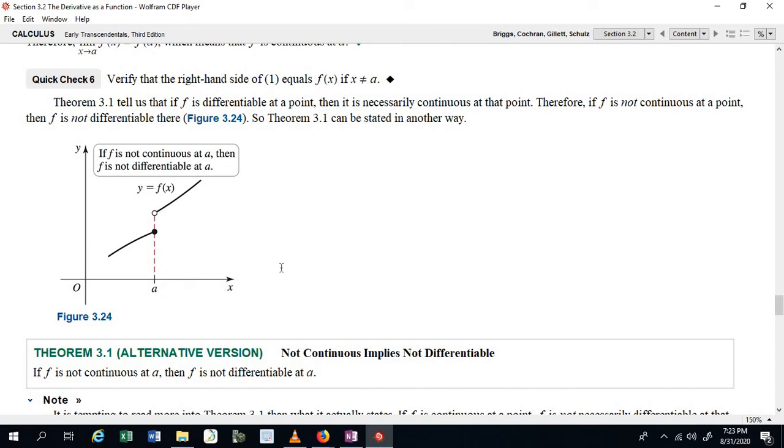The very definition of a derivative is a two-sided limit: the limit as x approaches a of f of x minus f of a divided by x minus a. So you've got to approach a from both sides and get the same number in order for that limit to exist. But as you approach a from the right-hand side, you're not getting the same y value as when you approach a from the left-hand side. So that two-sided limit does not exist, and therefore f is not differentiable at a.